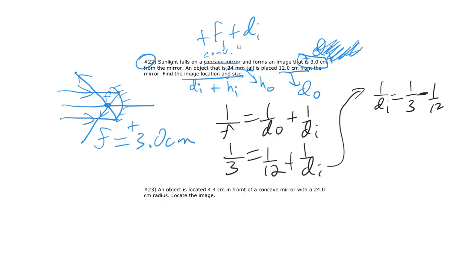I can get common denominators and figure this out, but I won't. I'll use my calculator. 3 caret negative 1 minus 12 caret negative 1 equals, and then I caret negative 1 that answer to flip it, and I get 4. DI equals positive 4 centimeters.